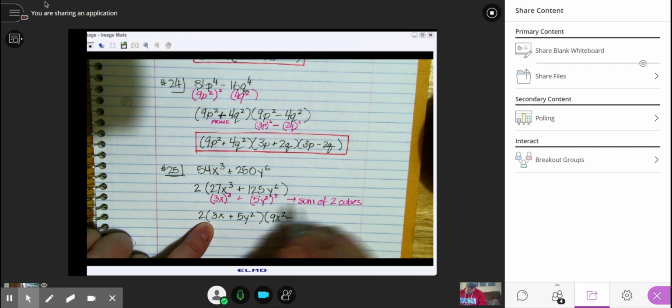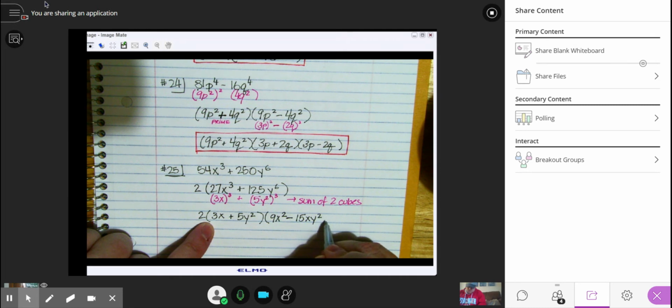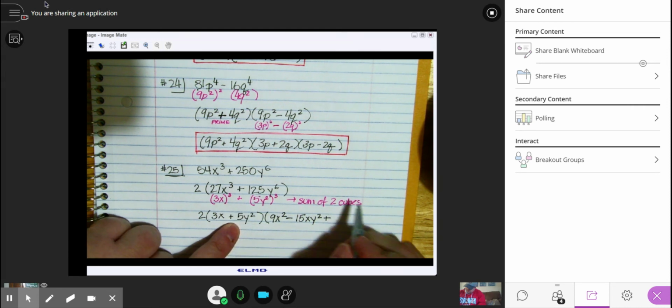So 3x times 5y squared, or 15xy squared. The last sign here is always positive. And then I want to square the last term. So 5y squared times 5y squared is 25y to the 4th.